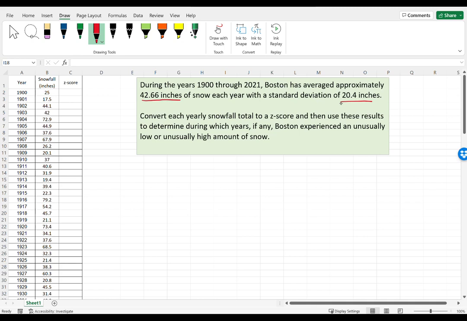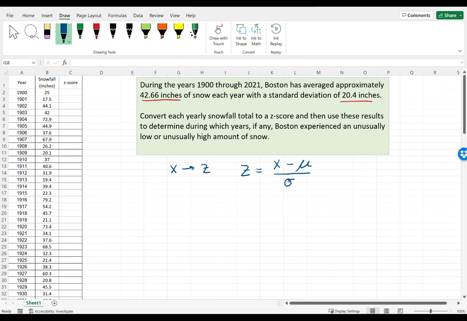And our formula to convert an x value to a z-score is, well, we look at how far each x value is from the mean, and then we divide that by the standard deviation. That's what we're going to have to do for each of these x values.